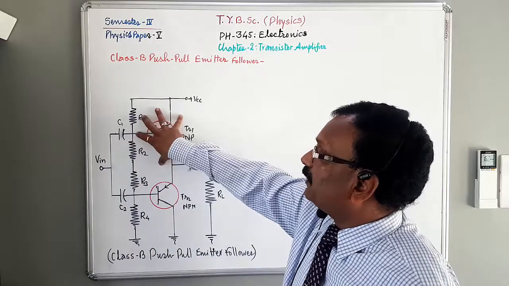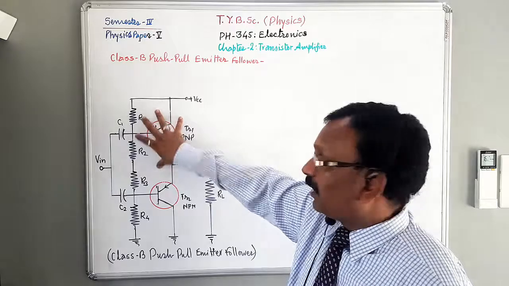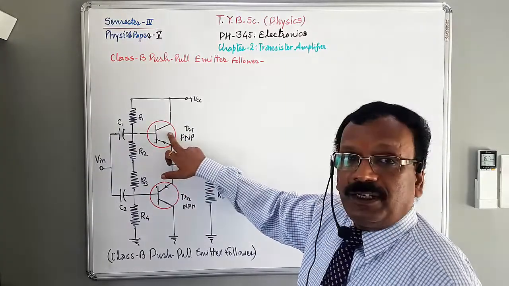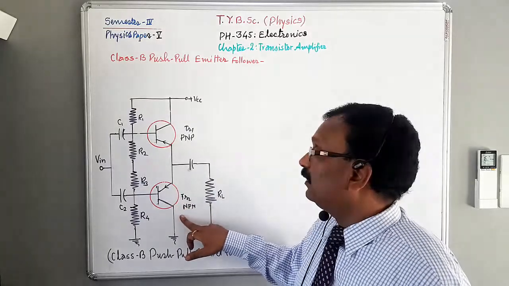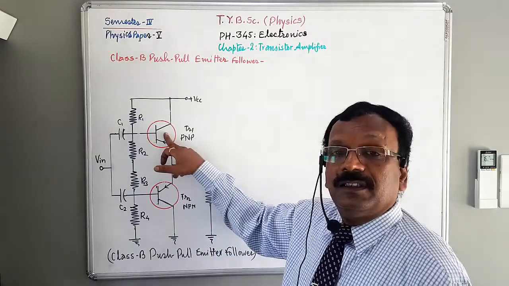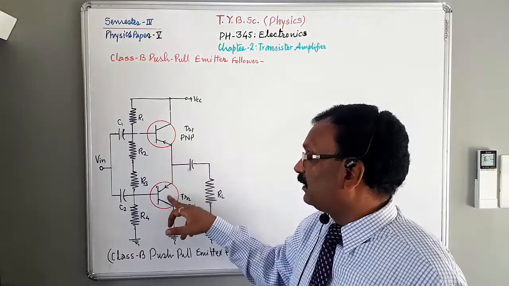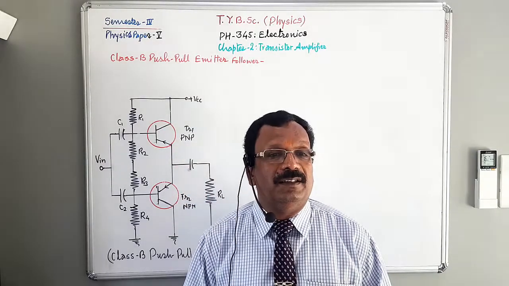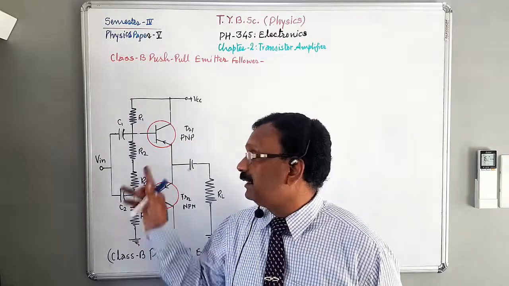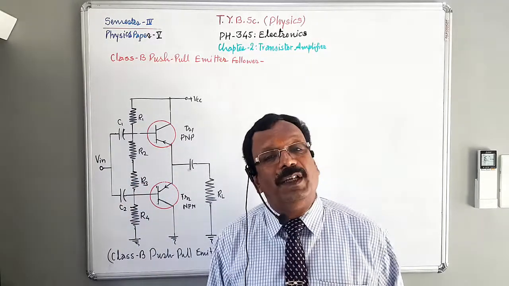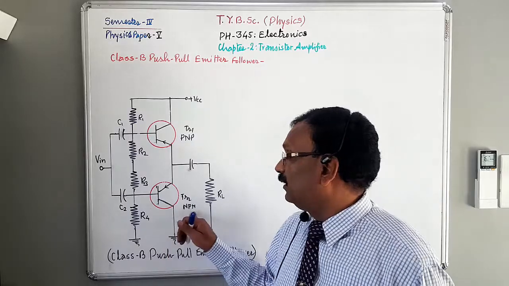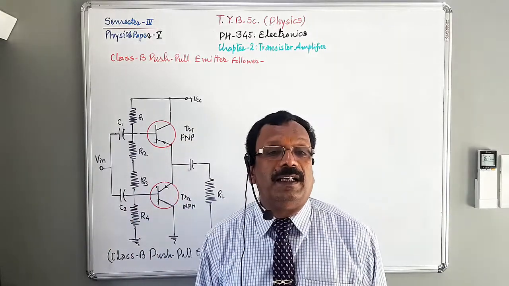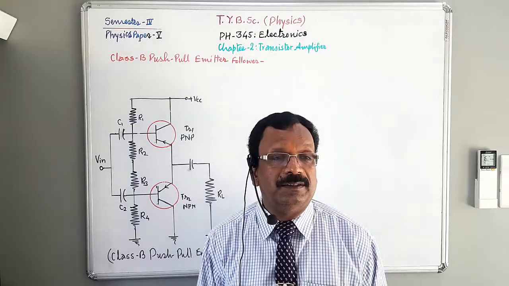That is, if one is on, another is off, or one is saturated, another is in the cutoff region. Suppose this is saturated, then this is in the cutoff region, and vice versa. So we can say that in this class B push pull emitter follower circuit, an NPN emitter follower and a PNP emitter follower are connected in push pull arrangement.